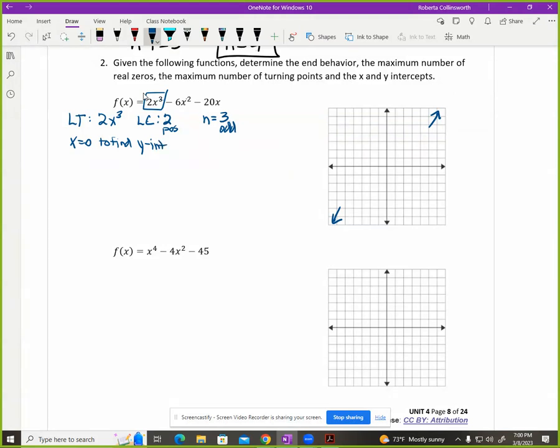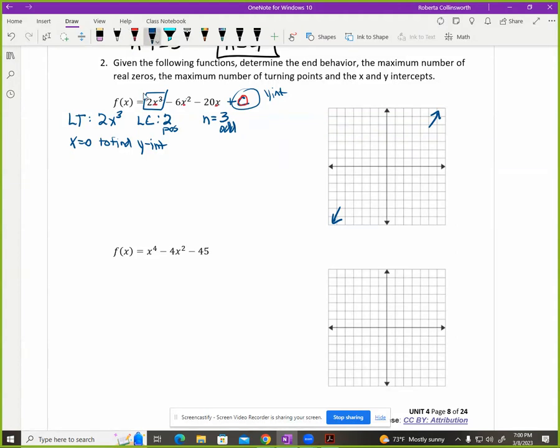So normally when it's in general form, if I had a constant term here, this would be my y-intercept. But I don't have one there that we write down. It's going to be 0 because I'm going to plug in a 0 for all of these x's, and it's going to tell me that this equals 0.